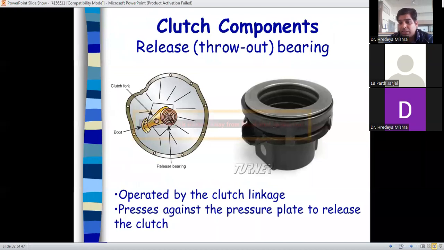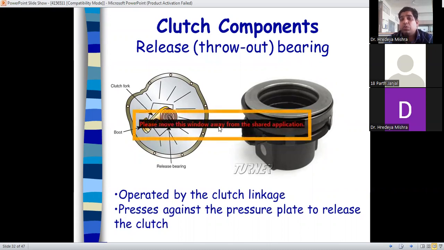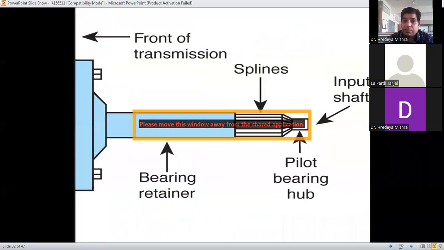Okay, now clutch components. What are the clutch components here? Okay, release throw-out bearing. See, this is the release. It is operated by the clutch link, pressing against the pressure plate to release the clutch.